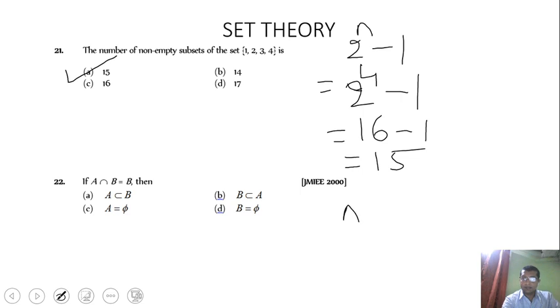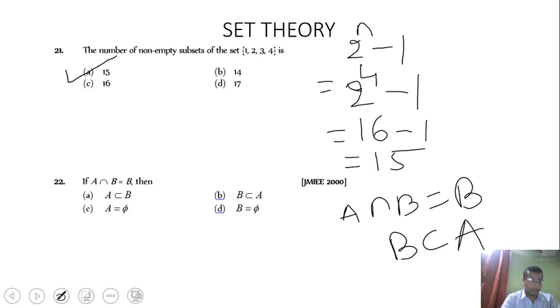It is given that A intersection B equal to B, that is, every element of B is an element of A, that is, B is a subset of A. Looking at B in this expression, we can say that every element of B is an element of A. Therefore, we can write B is a subset of A. Therefore, option B is the right answer.